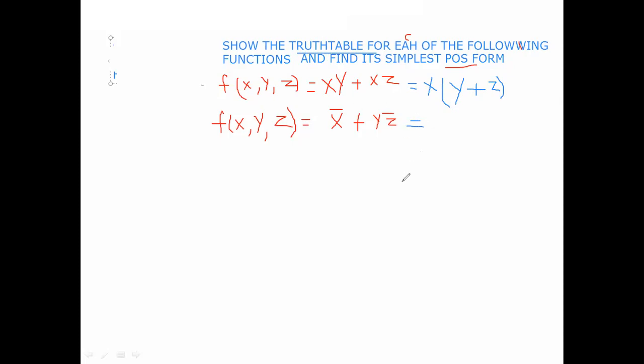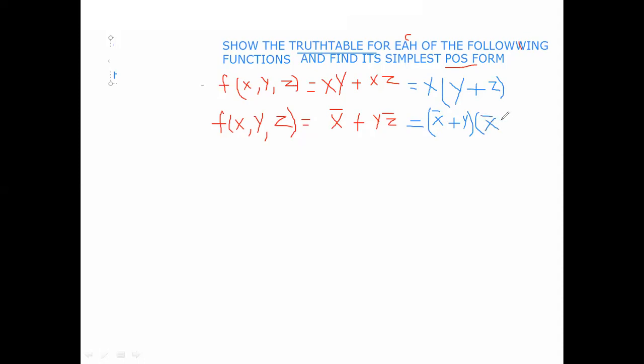How to write the second problem, X bar plus YZ bar? According to Boolean laws, the distributive law, which is covered in previous classes, this expression will be written as X bar plus Y into X bar plus Z bar.